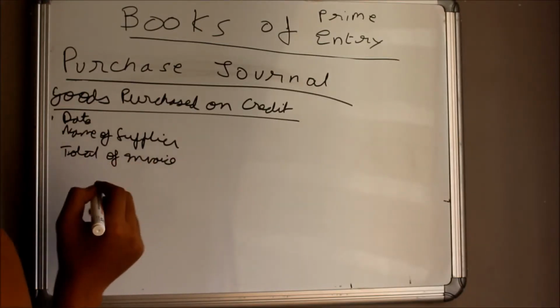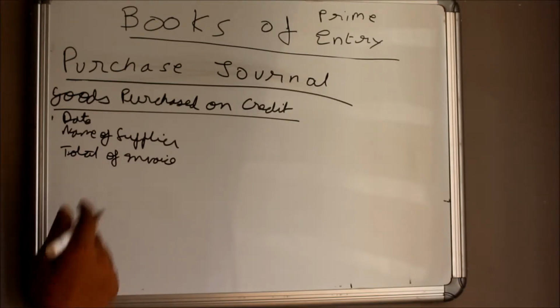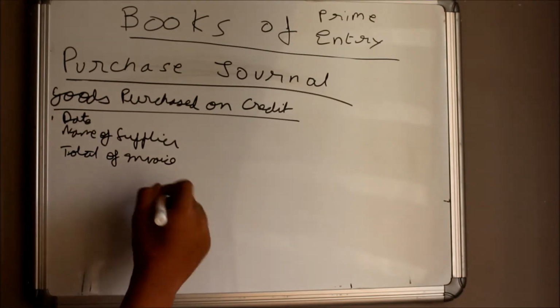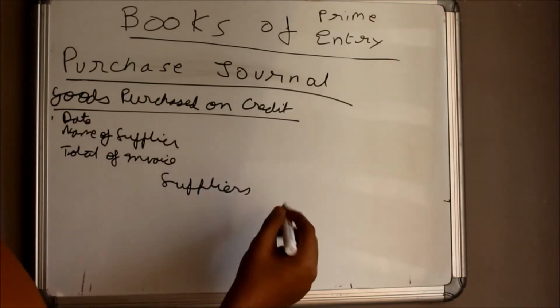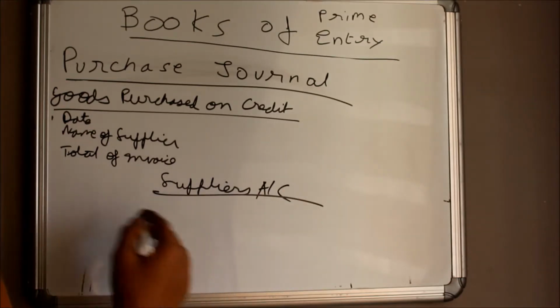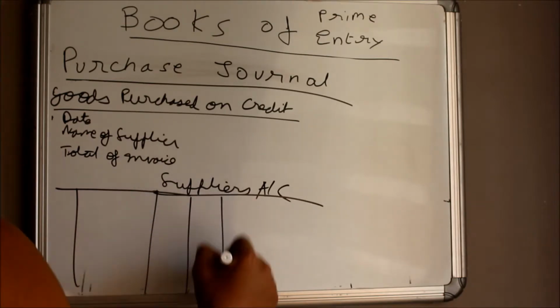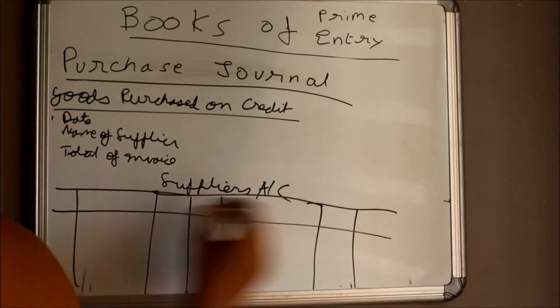in the purchase journal. And as this is the entry for the purchase journal, we are going to credit the supplier's account in the purchase ledger with the total of the invoice. So if this is the supplier's account, in that account we are going to write date, detail, amount, again date, detail, amount.